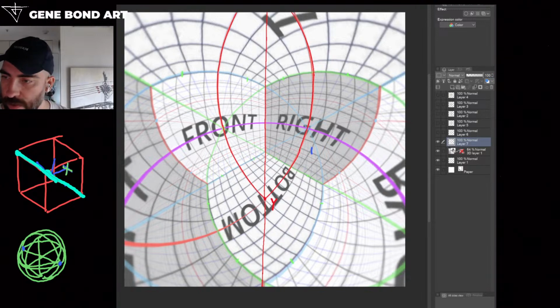Then the same happens with the Z and X vanishing point axes. We have the Z vanishing point on the horizon line. It has a straight line that intersects with this straight line of the y-axis. Okay, like this.